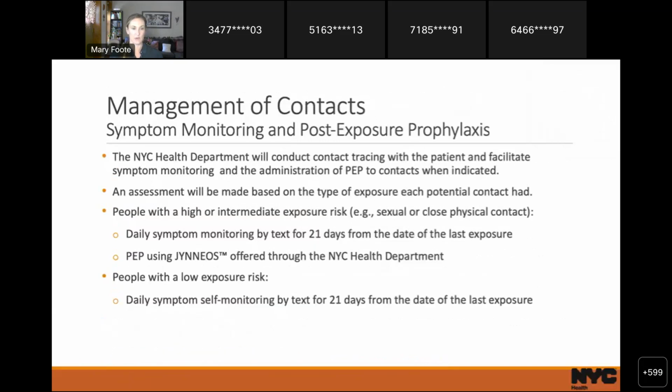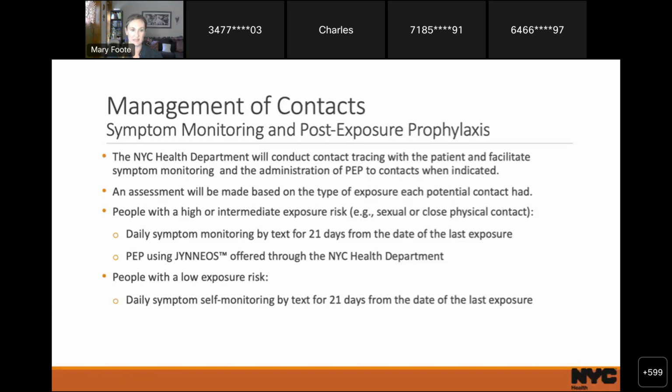And then how are we managing contacts? So when we do have a positive patient, we at the DOH, our amazing team of medical epidemiologists and contact tracers, are working with the patient to interview, identify contacts, and then facilitating symptom monitoring throughout the course of illness and helping to facilitate the administration of post-exposure prophylaxis to contacts as soon as possible when indicated.